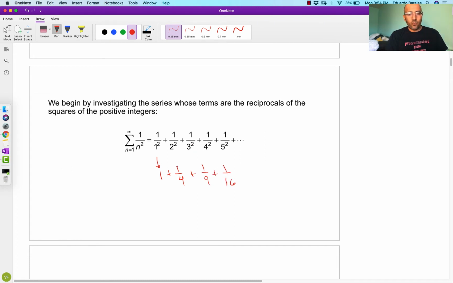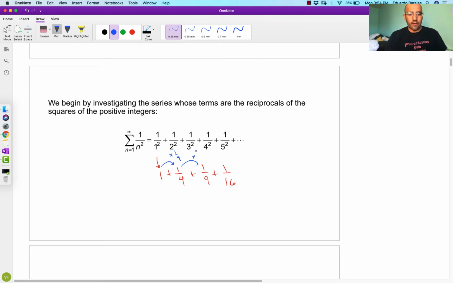When I go from one term to the next, what do I multiply 1 by to get to 1/4? Well, that one's easy, that's just 1/4. So from here to here, I multiply by 1/4. But what about from here to here? I don't multiply by 1/4, that would be 1/16. It would have to be 4/9, right?